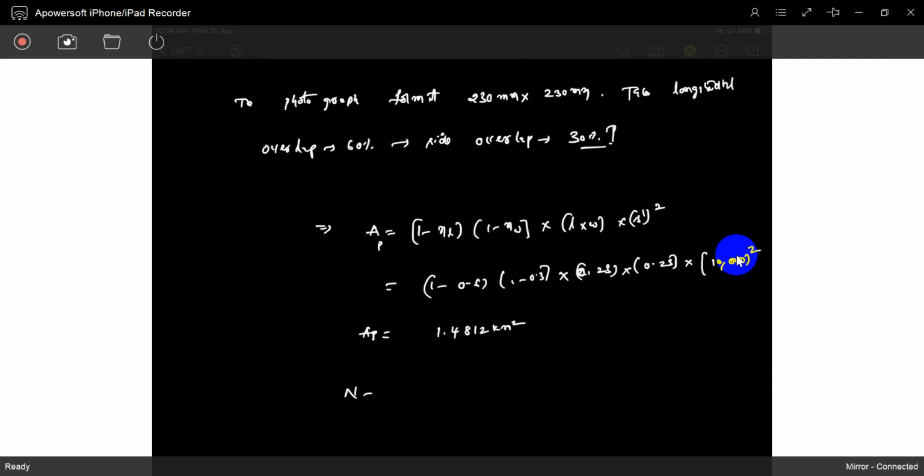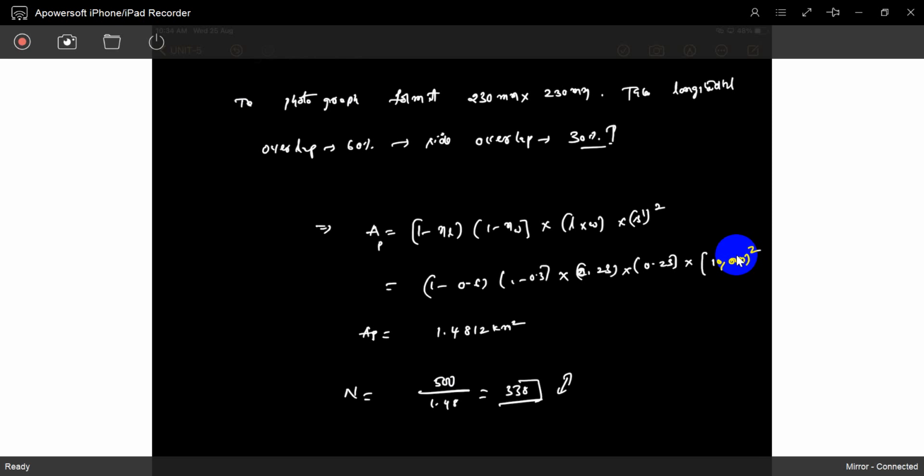So number of photographs required: 500 divided by 1.5, let's say it comes to 338. So 338 photographs are required. Based on the number of photographs, the height of the flight and the area covered, you can plan the aerial photography by the plane.